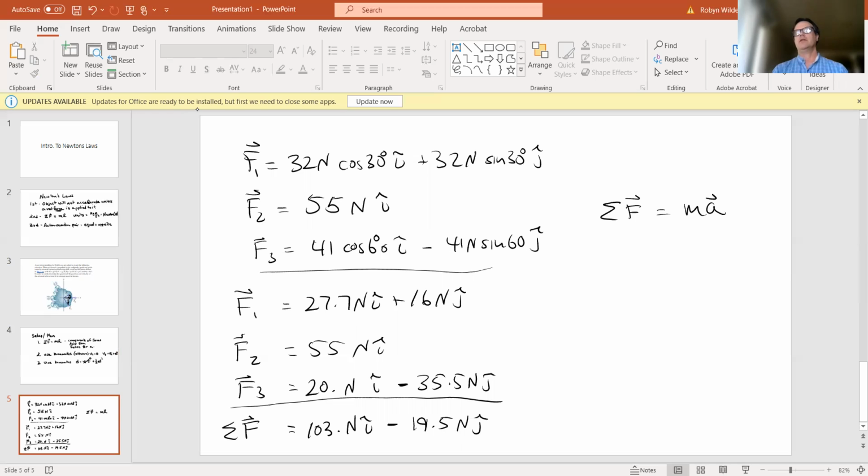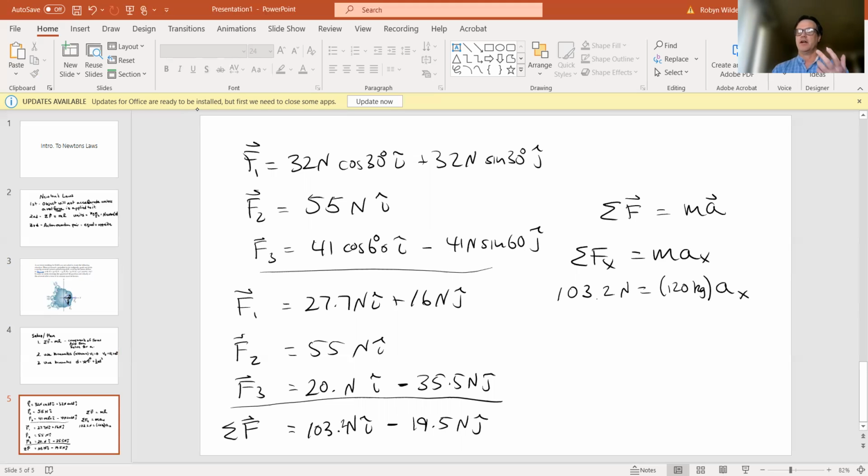So whenever I write sum of the forces equals MA, what it means is that the x components equal MAX and the y components equal MAY, right? So in my x direction, I have a force of 103.2 newtons, and that's equal to the mass of 120 kilograms times the acceleration x component.